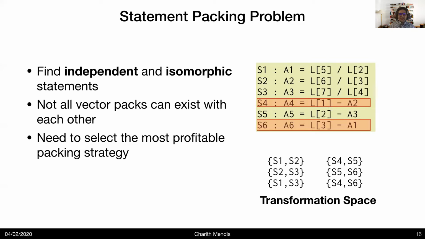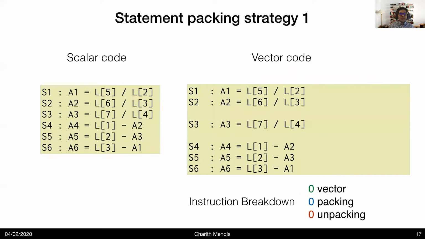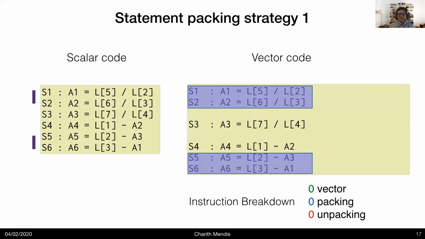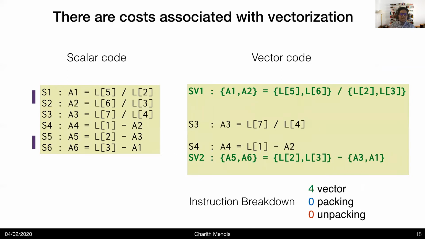In this case, only two opportunities can be materialized out of the 6 I have shown here. Okay, now let's see an example statement packing strategy. Let's assume that the compiler selected to pack statements S1, S2, as well as S5 and S6 together. These are completely legal, so the compiler can go ahead and emit vector code for this. However, if you do a compiler transformation, it has to be semantic preserving.